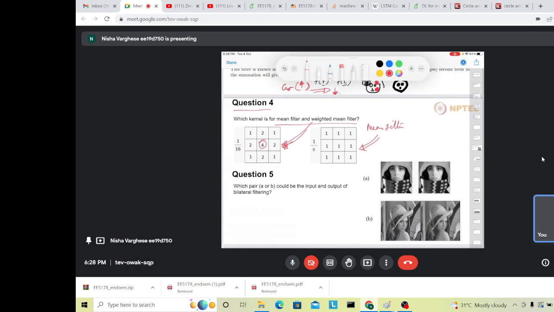But if you are using a bilateral filter, it will preserve the edges, but at the same time it will remove the noise in the textureless areas. Okay. So here the noise will be removed, and at the same time it will preserve the edges. So A is used for bilateral filtering.